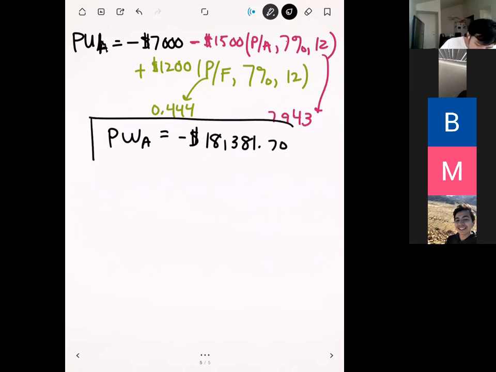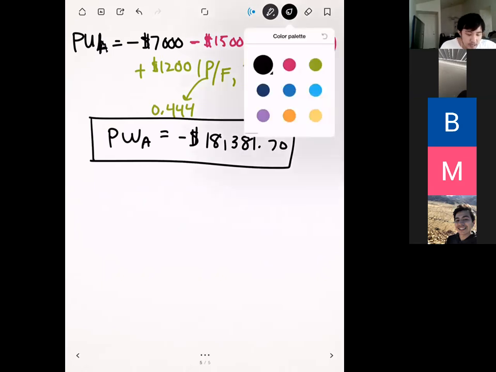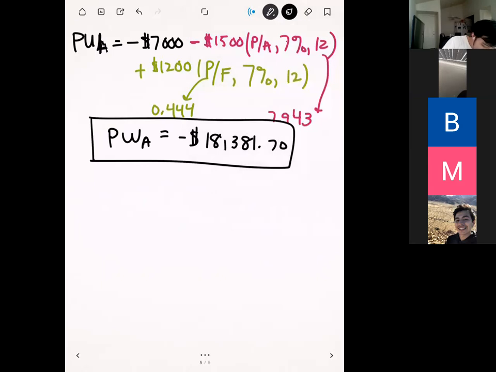Okay. And so that's our single number. So basically paying for this pump and maintaining it, and after selling it, it's the same thing as if we just forked over $18,381.70 today. Okay. And so that's the economic value for pump A.